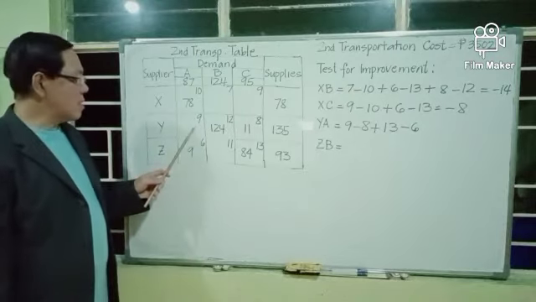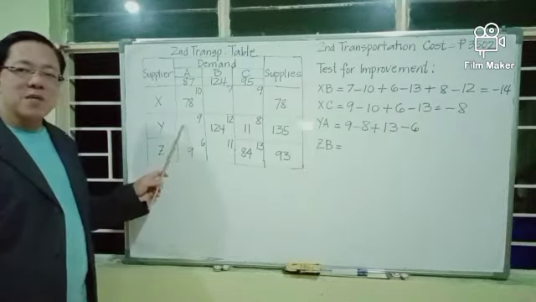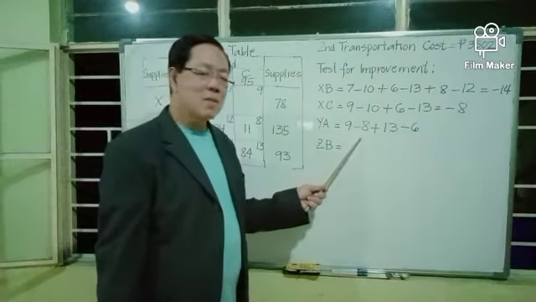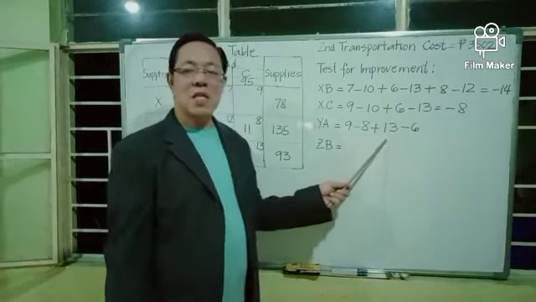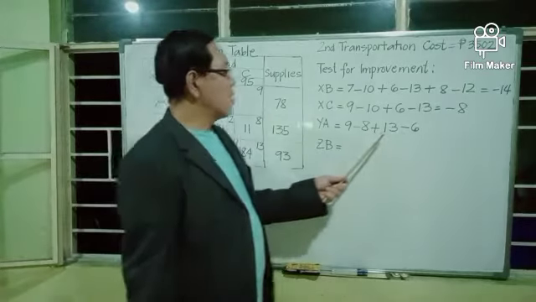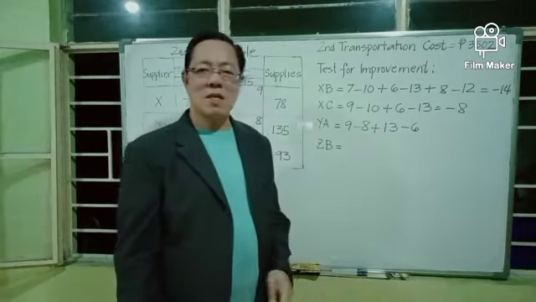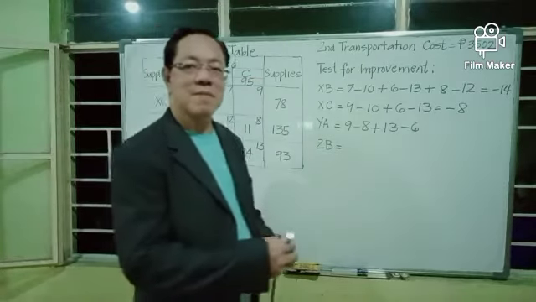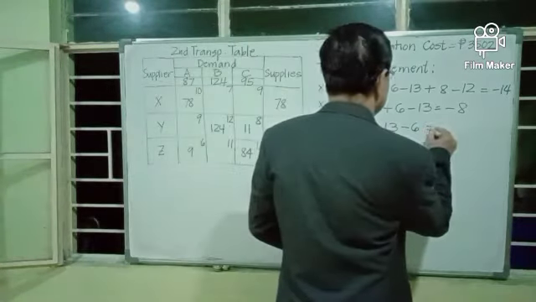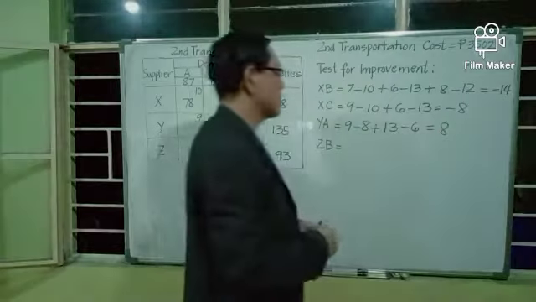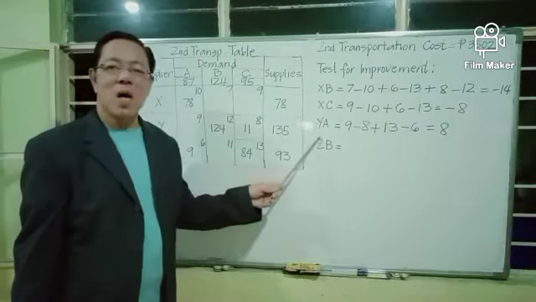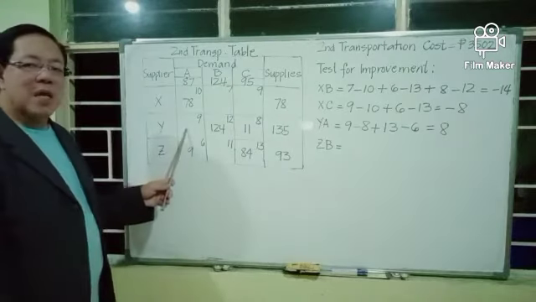We find the net cell cost for this vacant cell. We have 9 minus 8 is 1, 1 plus 13 is 14, and 14 minus 6 is 8. The net cell cost for the vacant cell YA is positive 8.